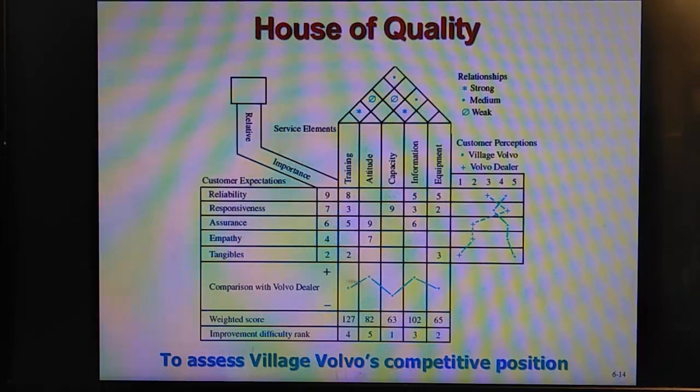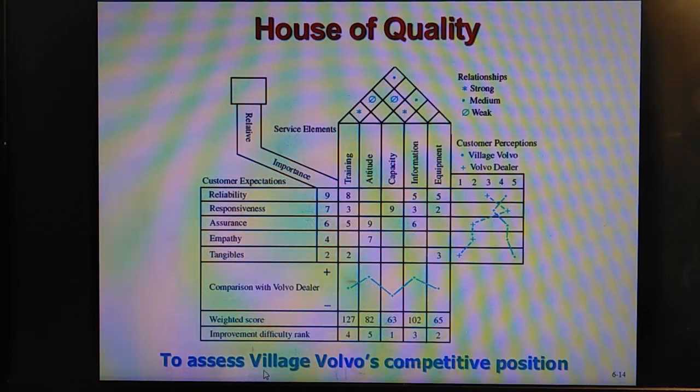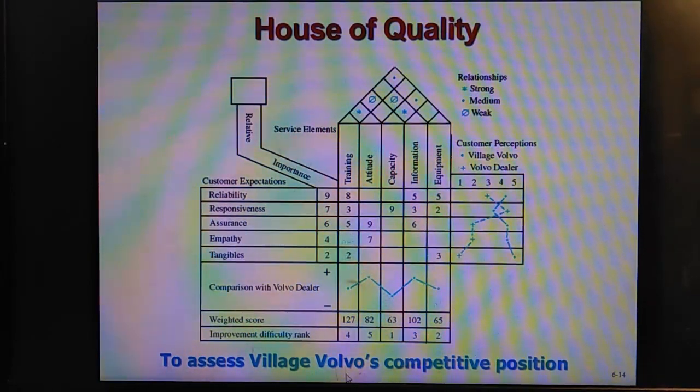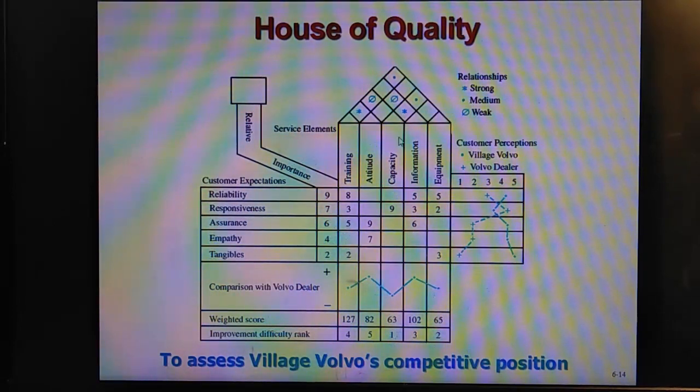In the textbook, it is explained that this house of quality can be used to assess the performance, how to assess the village Volvo service competency. The shape looks like a house because it has a roof, a chimney, the body of the house, and a basement, and perhaps here a kitchen.